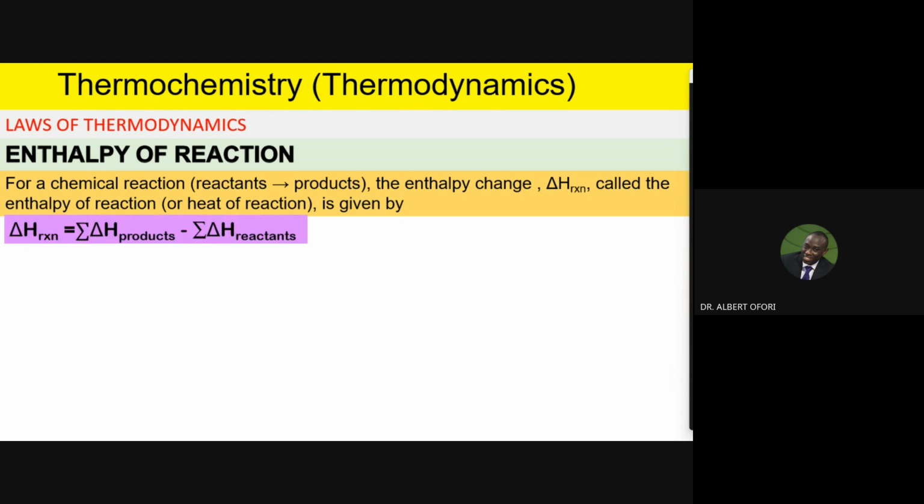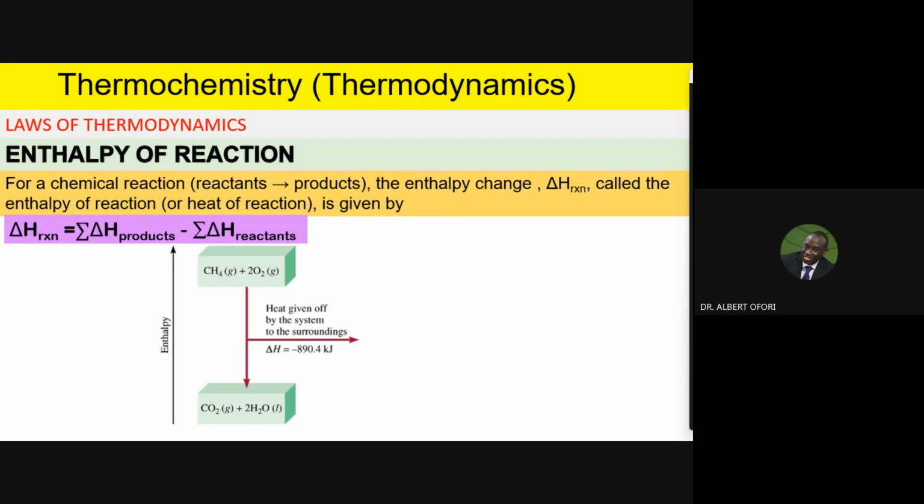So the summation of all the individual compounds, their heat. When pressure is constant, that's where the heat is the same as the enthalpy change. So the summation of the individual heats involved in the reaction, which produces the product, minus that of the reactant, will give you the enthalpy change of the reaction.